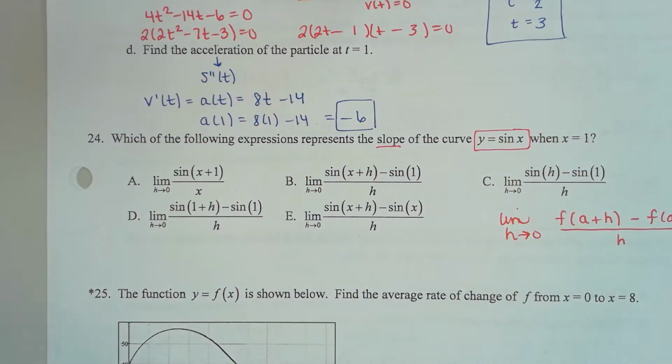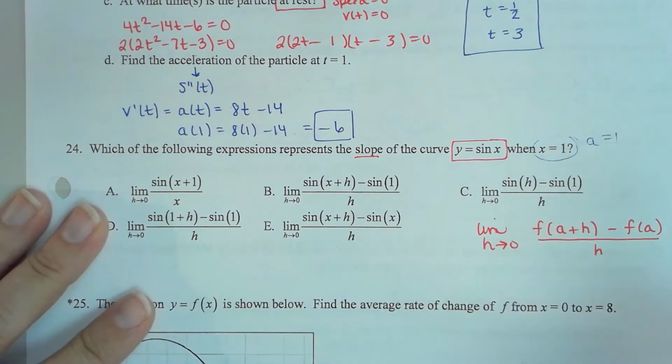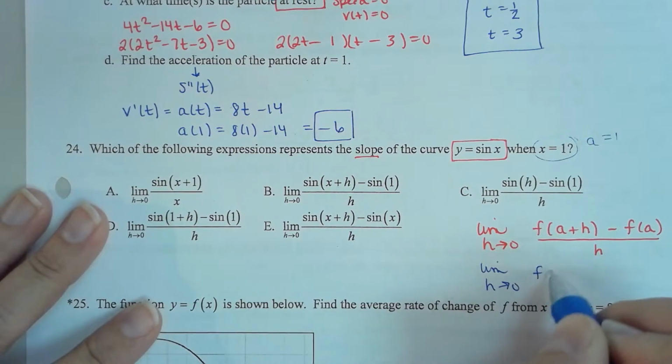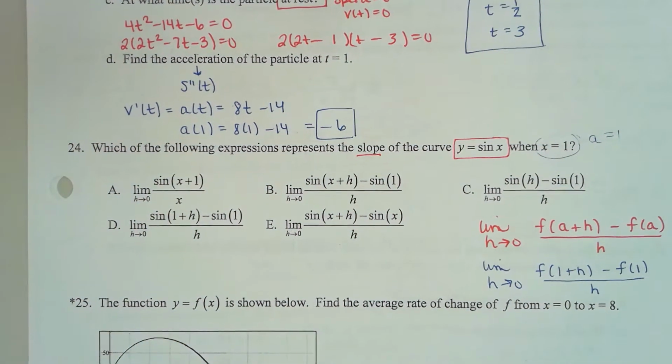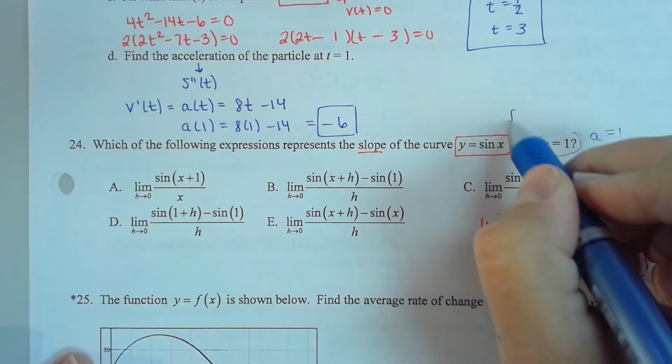So while I said we're done doing derivatives the long way, it doesn't mean we can forget about what the long way was. Our a is x equals 1, so our a is 1, so I have the limit as h approaches 0 of f of 1 plus h minus f of 1 all over h. Well, our function is the sine of x.